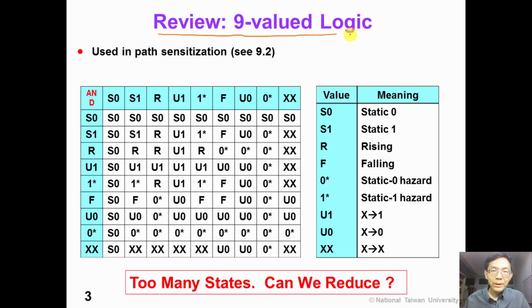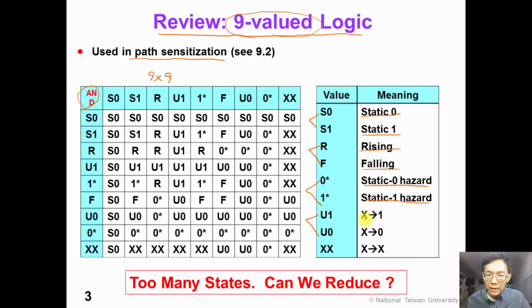Remember that in the previous video, we used 9-value logic to show different path sensitization conditions. For a 2-input AND gate, this is a 9 by 9 truth table using the 9-value logic, where S0 and S1 represent static 0 and static 1 respectively, and R and F represent rising and falling. 0 star and 1 star represent static 0 and static 1 hazard.